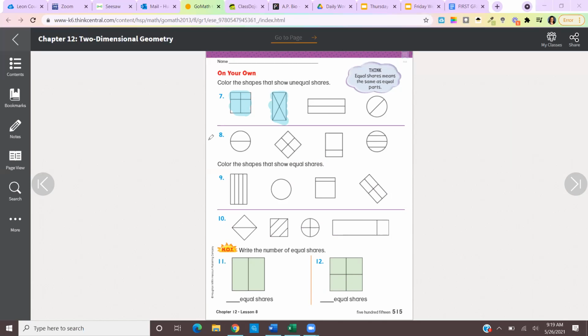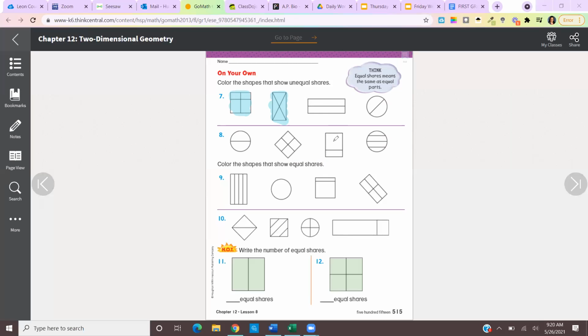Let's look at number 8. We're still looking for unequal shares, parts that are not the same size. Does this circle show unequal shares? No, both of those parts of the circle are the same exact size. What about this square? Does it show unequal shares? No, all parts of that square are the same exact size.